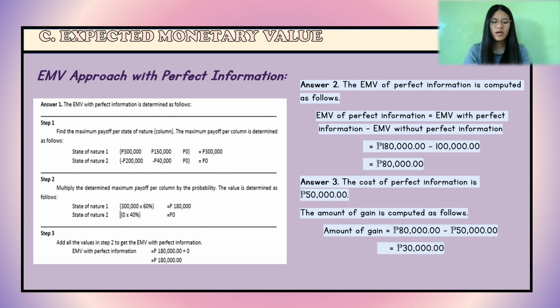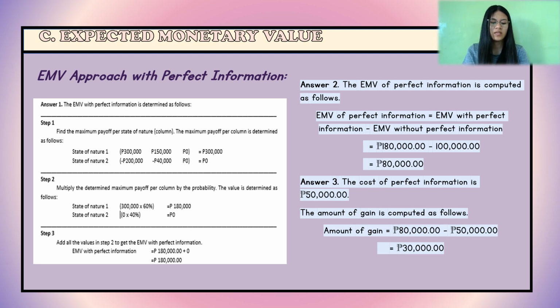So, sa step 2, multiply the determined maximum payoff per column by the probability. The value is determined as follows. Then the state of nature 1: 300,000 times 60% is equal to 180,000. Then sa state of nature 2: 0 times 40% is equal to 0.